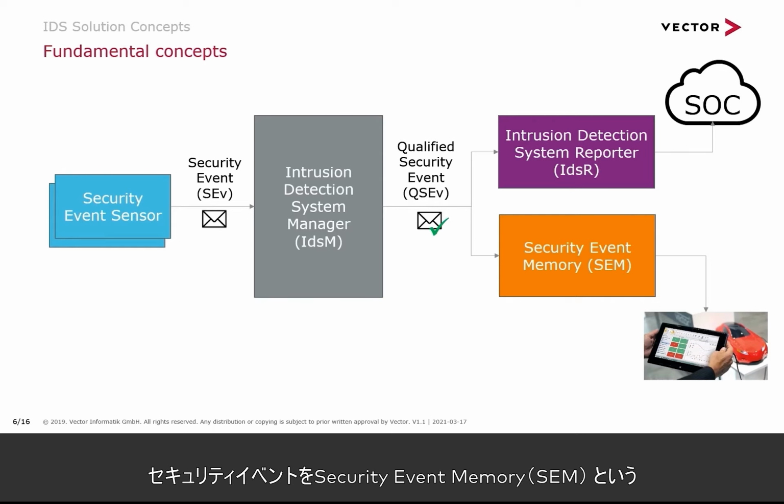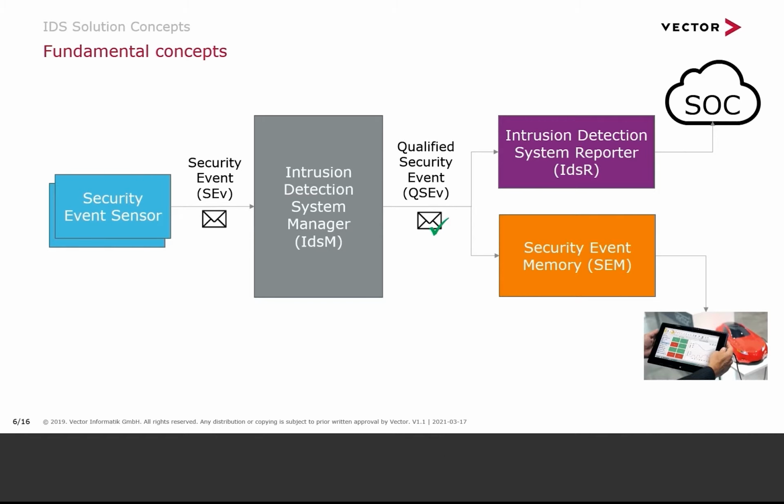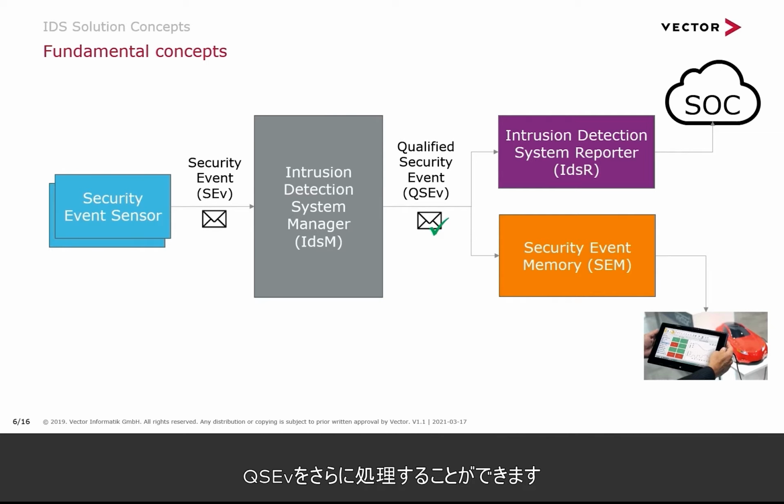And these qualified security events can be further processed, either by pushing these security events to a dedicated diagnostic event memory called the security event memory, or by pushing the qualified security events via the bus system to another ECU, which hosts an intrusion detection system reporter. And this intrusion detection system reporter is connected via a channel to the security operations center, where the security events are further analyzed.